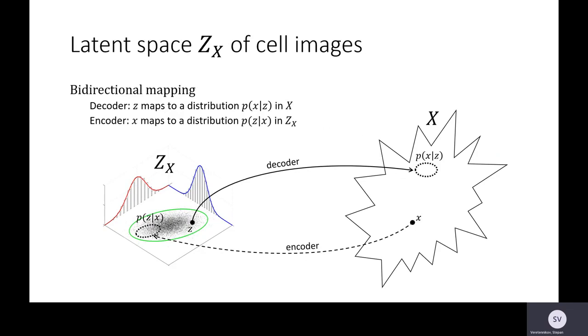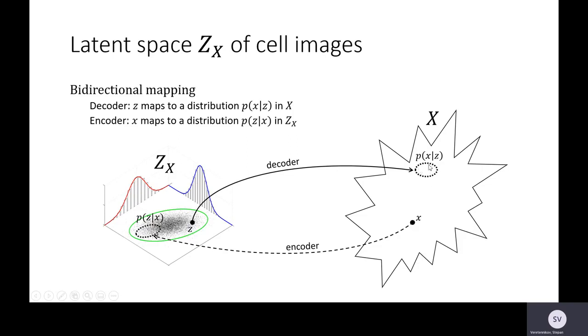But when we talk about the latent space of images, it should be noted that it is usually a bidirectional mapping. So we have both a decoder and an encoder. The decoder aims to map a point from the latent space Zx to some distribution or a region in the space X. So given a 10-dimensional vector, we map it to some distribution of images.